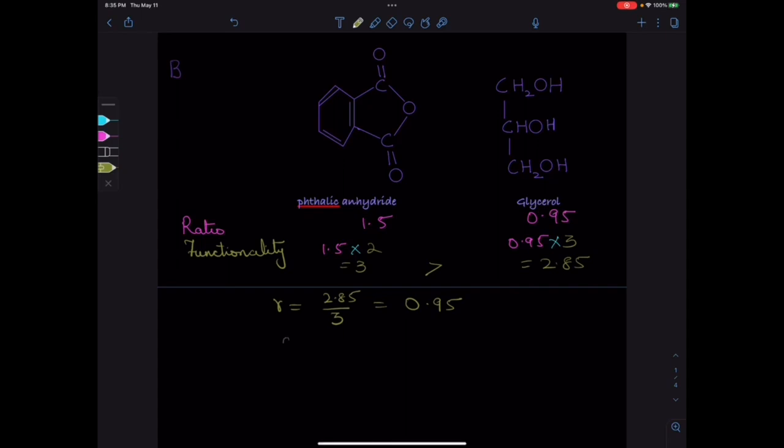The weight average functionality of carboxylic group would be 1.5, which is its number of moles, times 2 squared because there are 2 carboxyl groups, over 1.5 times 2.